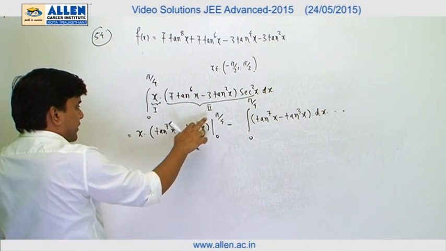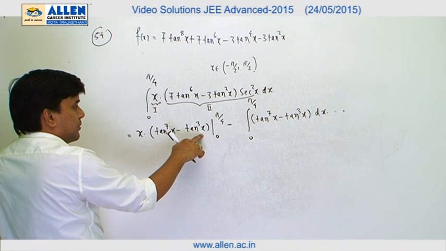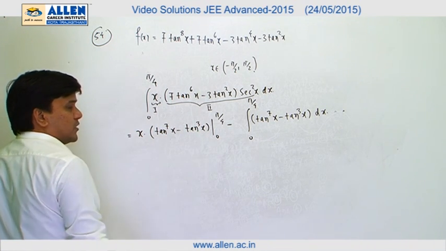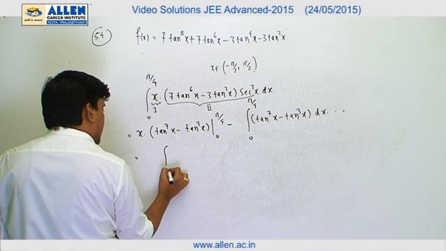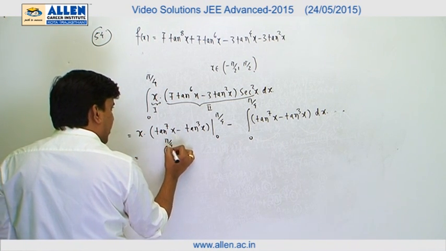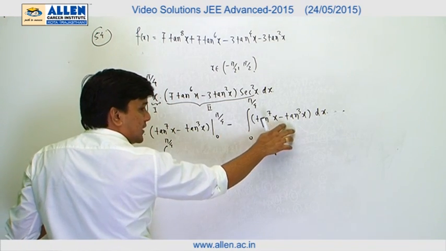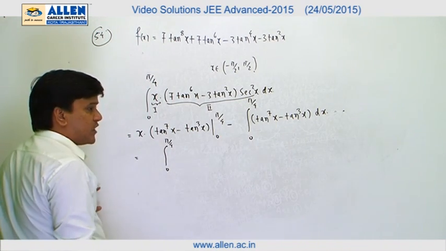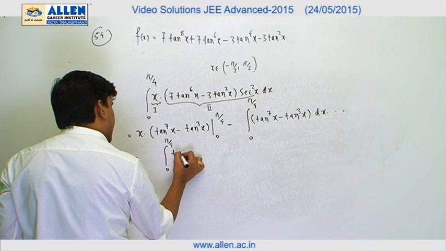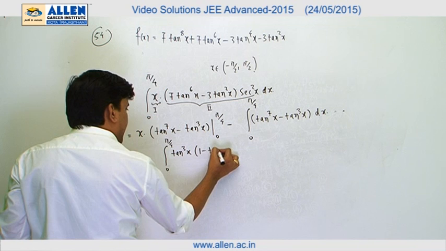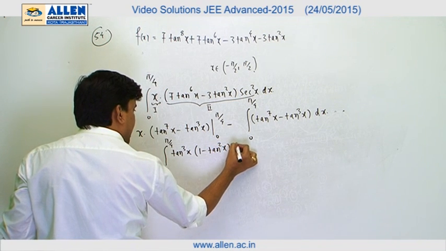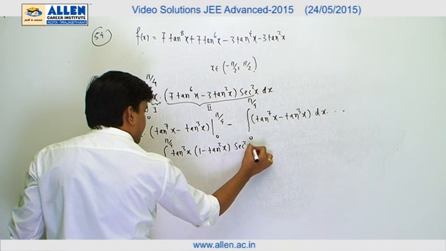Now it is easy to see if we put pi/4, this is going to be 1 minus 1, that is 0, and again at 0 this is going to be 0. So this part will vanish, and this is going to be minus integral 0 to pi/4. And if we take this minus sign inside, this is going to be tan cube x minus tan raised to the power 7x. So this is going to be tan cube x into 1 minus tan raised to the power 4x, which can be written as 1 minus tan square x into 1 plus tan square x, that is sec square x.